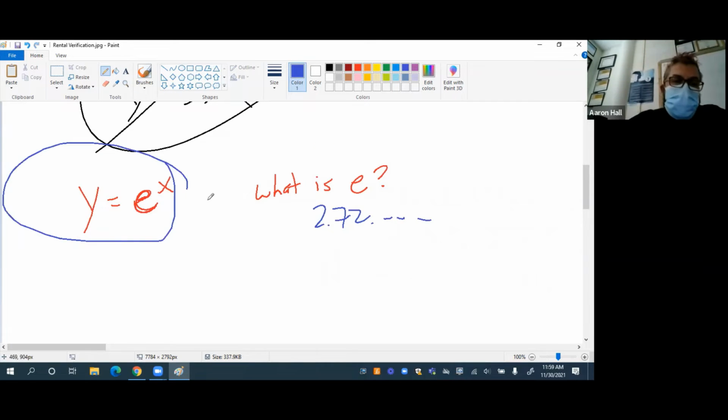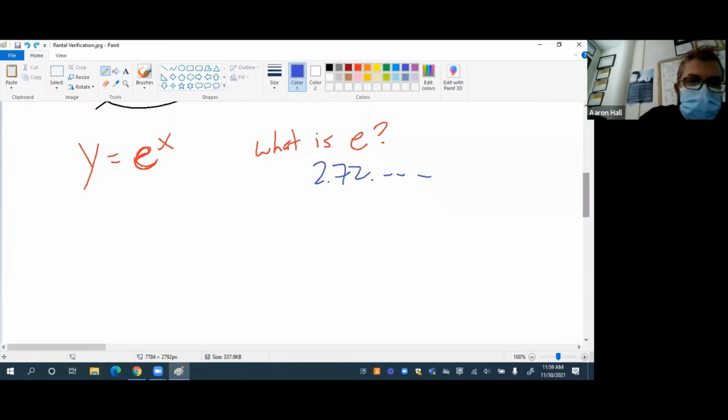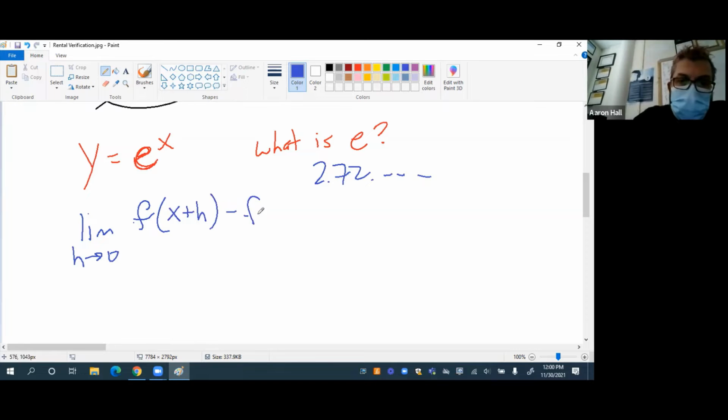I want to find the derivative of this, e to the power of x. So how do I do that? Well, let's go back to this idea of the limit. The limit as h approaches 0 of, remember our function, f of x plus h minus f of x, all over h.